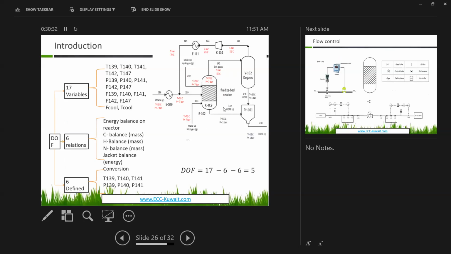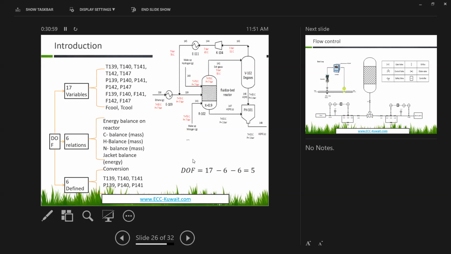First thing, we have to know how many variables, or how many control systems or controllers, I should include in my unit operation to make a full, automatic control for this unit operation. This can be done by accounting for degree of freedom.